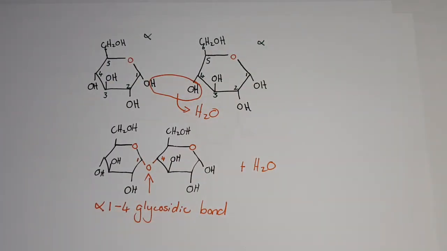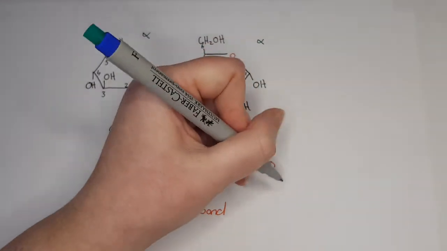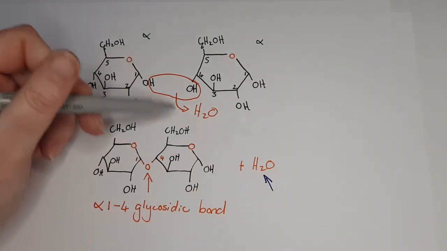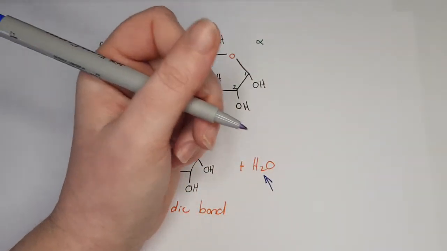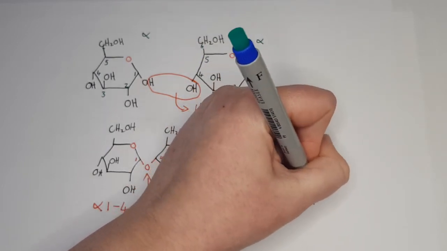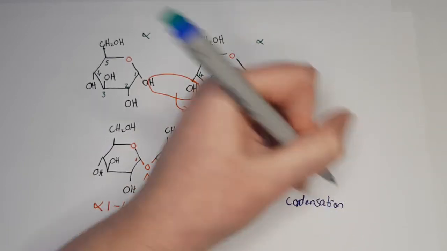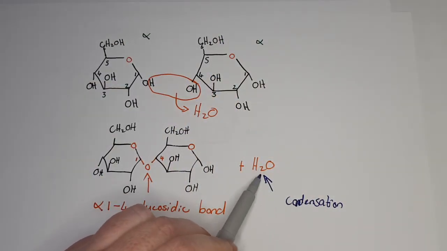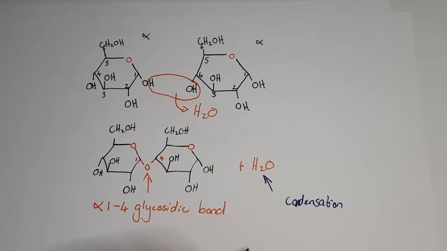So now when I join things together and I make water, the type of reaction is a condensation reaction. So my condensation reaction is when I make water and I join things together.